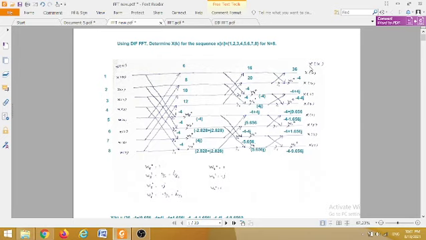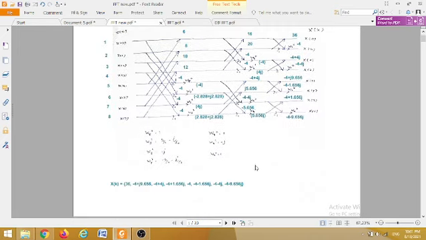So this is in the bit reversed order, so we cannot consider this one as the sequence, but we need to find which one is the actual sequence. So 0th sample first, so it becomes 36. Okay, so the next sample is x of 1. X of 1 is minus 4 plus j 9.656.